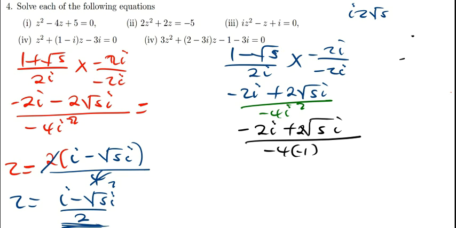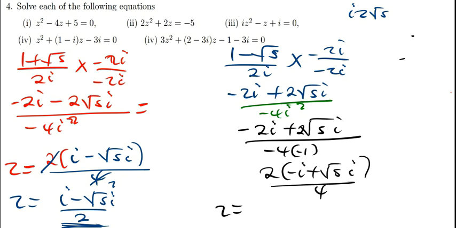I can factor out 2 on top. I will remain with this. I divide it by 4. So I can now cancel out, 2 there, 2 there, 2. So another answer will be this. So this is the first part of z, and another answer is this.